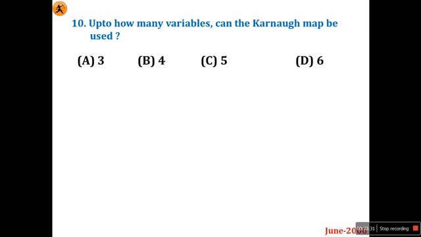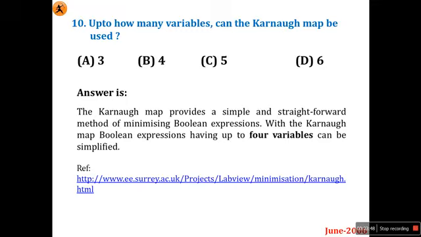Up to how many variables can a K-map be used? How many variables can be represented in a K-map? This is very popularly used in digital computer organization and architecture. Actually, the K-map provides a simple and straightforward method to minimize Boolean expressions.